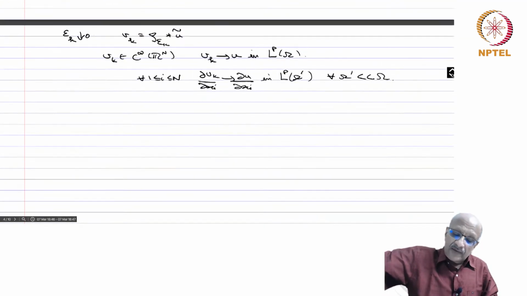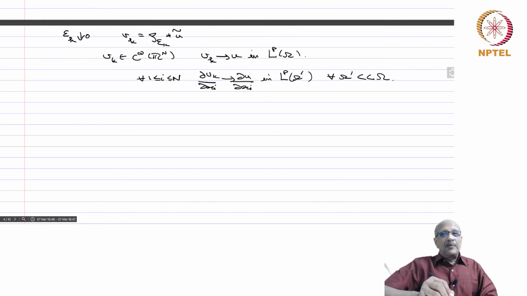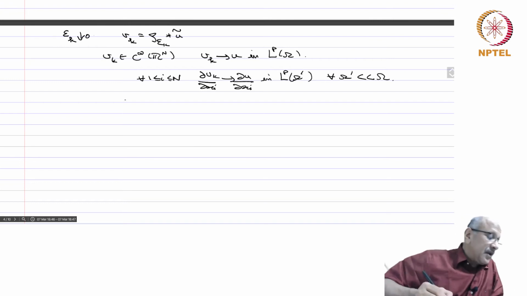So now we have got our C infinity functions. To go from C infinity functions to C infinity functions with compact support, that is exactly the theorem which we have done already once. So we do not have to repeat that technique.